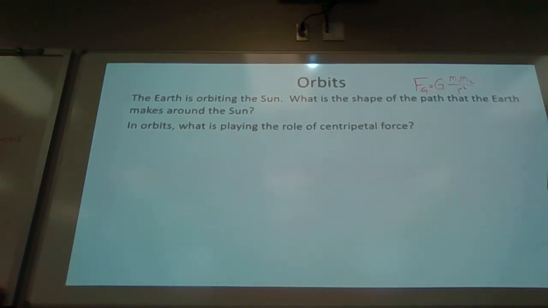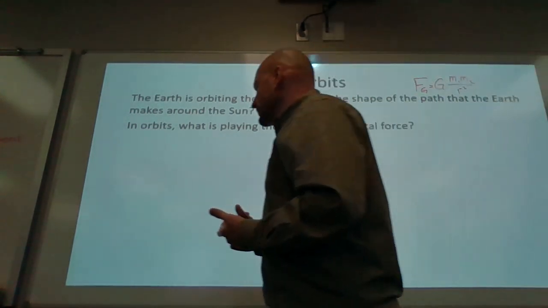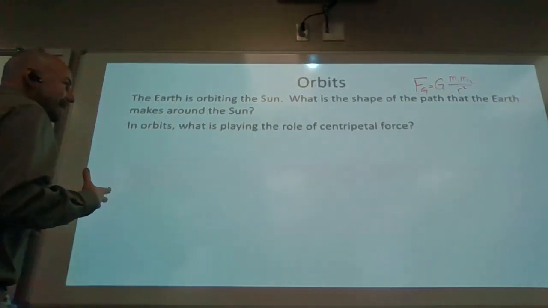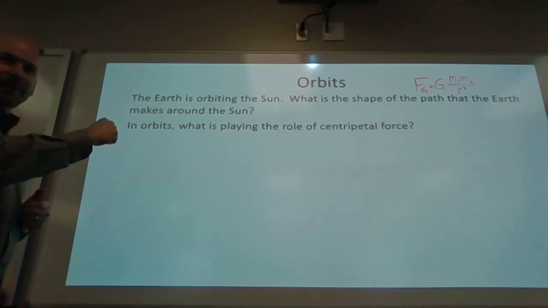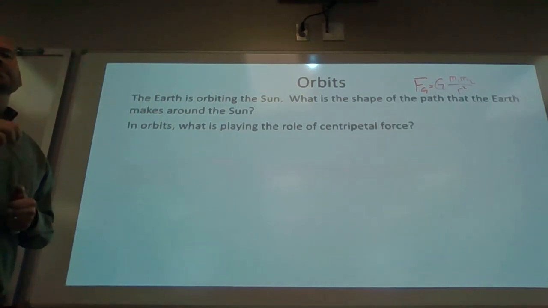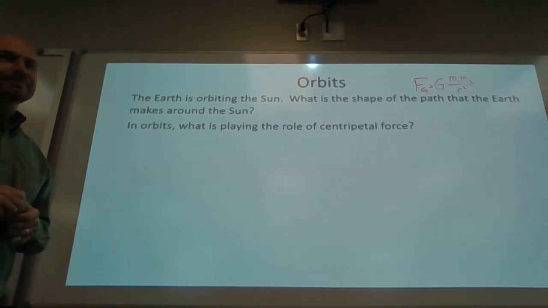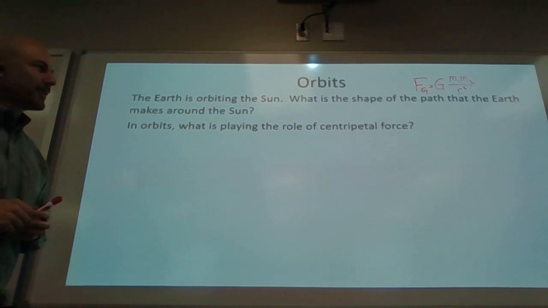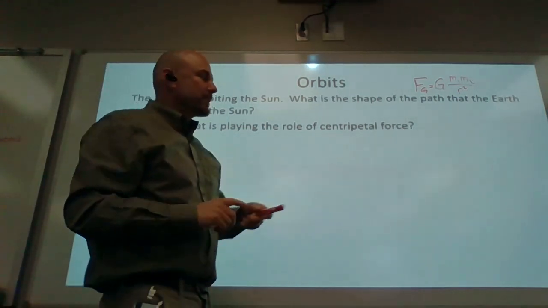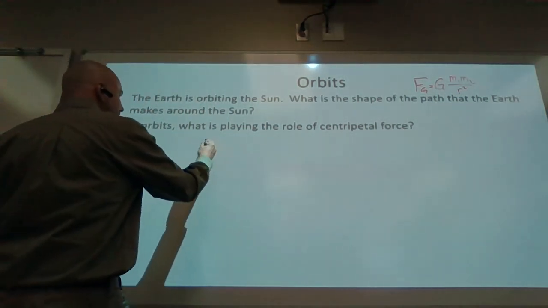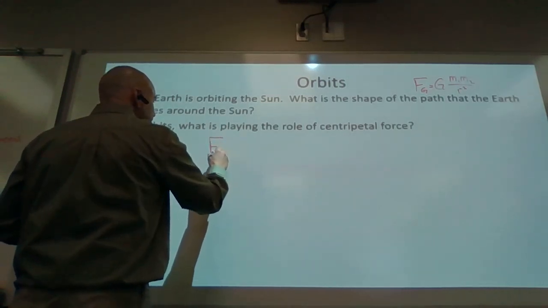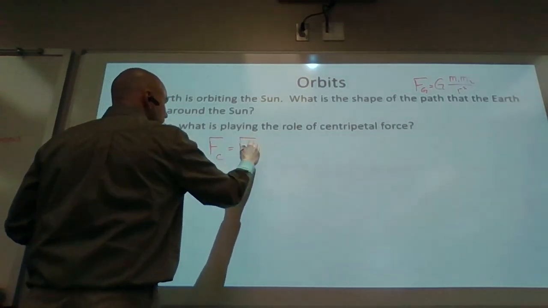Fly off in a tangent to that. So what force is it that's keeping the Earth around the sun? Yep, the centripetal force. And what specifically, what type of force is that? Yep, gravity.